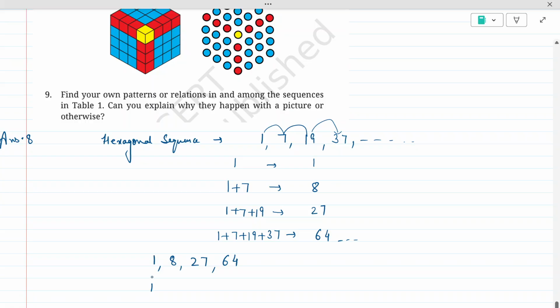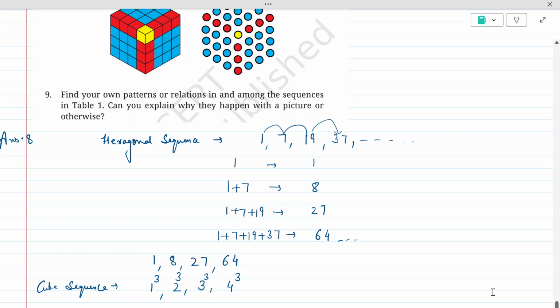We can also write 1 as 1 cube, 8 as 2 cube, 27 as 3 cube, 64 as 4 cube, and so on. So this is a cube sequence. What we have understood here is, we took the hexagonal sequence and we added the numbers up and we have got the sequence of cubes, or the cubic sequence.